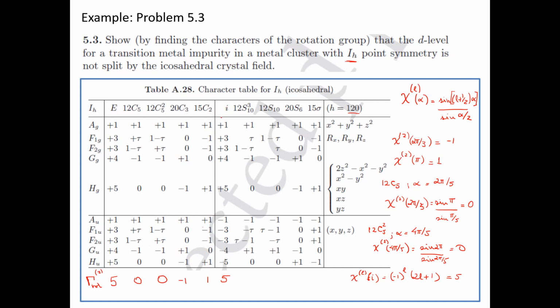What that means is that you can divide the character table into 4 different blocks. This block would basically give you the character table for a smaller group, the I group, not IH, the I group. It's also an icosahedral group, but it's not the IH, it's the I group.